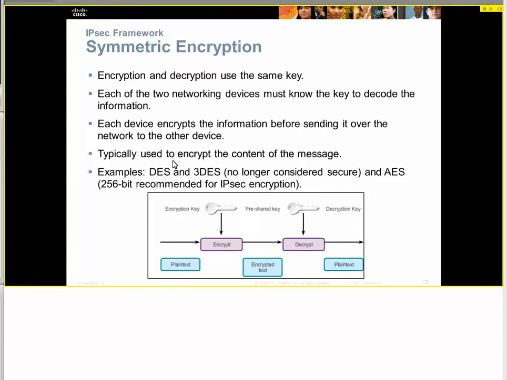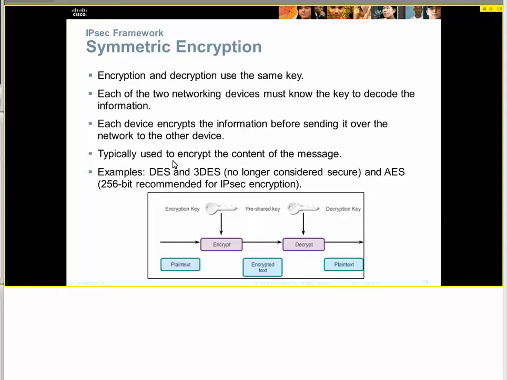A much more secure shared key encryption is AES. AES takes a seed key. You start out with a seed key, a seed phrase. And by the way, if you've ever set up wireless access using WPA2, which is 802.11i, and you're setting up the encryption protocol, you could use TKIP, or better yet, use AES.